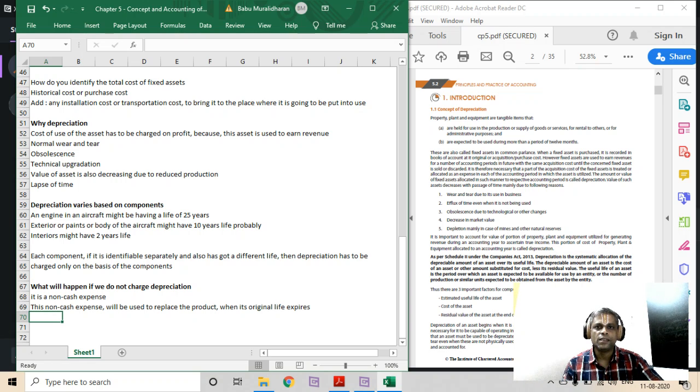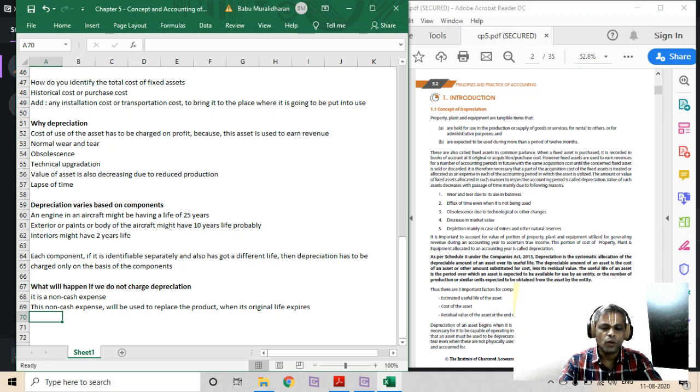Similarly, after 25 years, the accumulated depreciation, the non-cash accumulated, will be used to replace the engine. Because it is non-cash, it is a reserve that will be taken. We will discuss that in more detail as we progress. But because it is non-cash and there is already a charge on the profit, there is money available which will be used to replace the component that got depreciated.